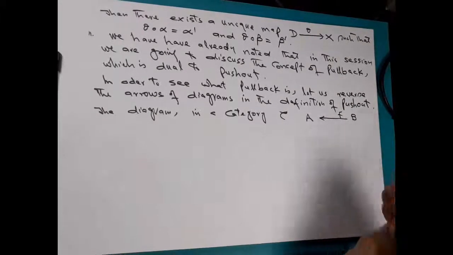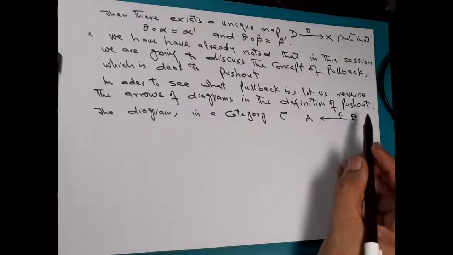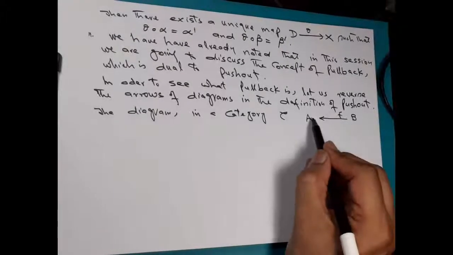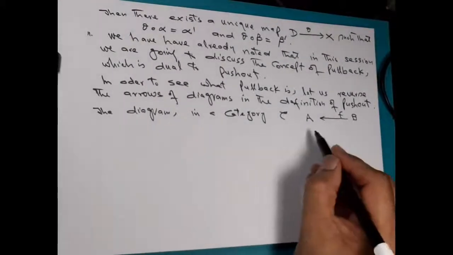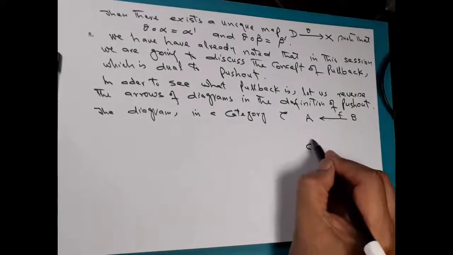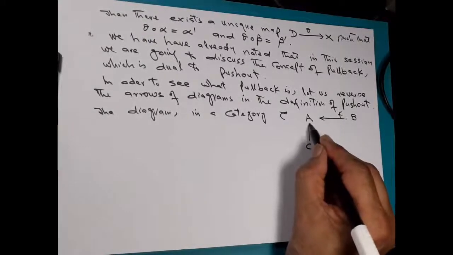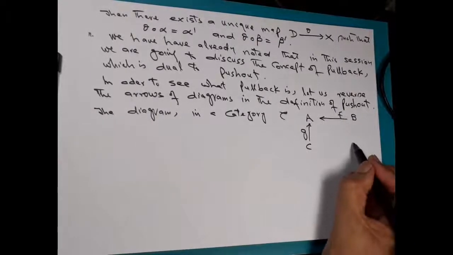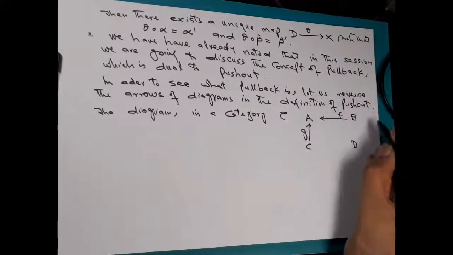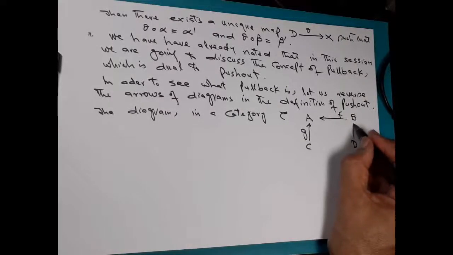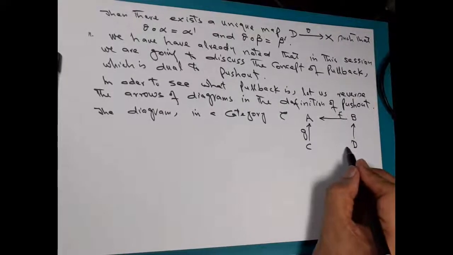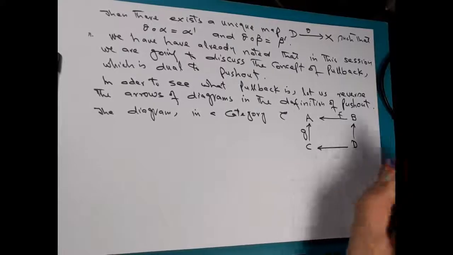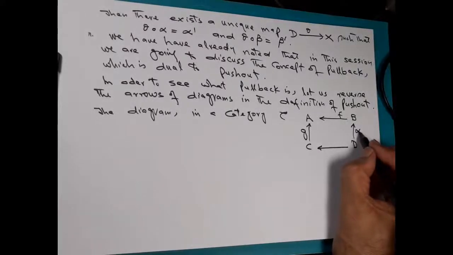The important thing is that we are going to take the arrow from B to A, and an arrow from C to A, which is G, and then we have object D and arrows from D to B and D to C. Let's name these arrows again alpha and beta.